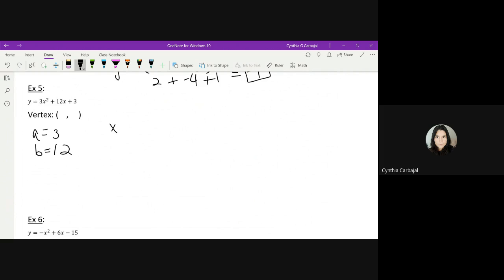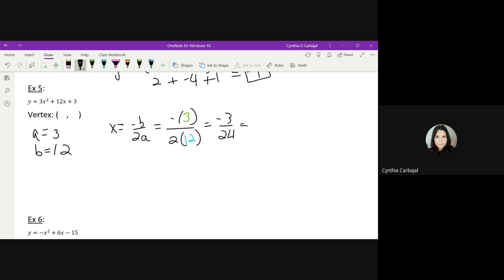So now we're going to do x equals negative b over 2a, because that's the equation to find the x value of the vertex. So negative b, so negative parentheses, 2a, so 2 parentheses. Then we sub in the a, which is 3, the b, which is 12. And then we simplify. All right, so this one's going to be a fraction, apparently.